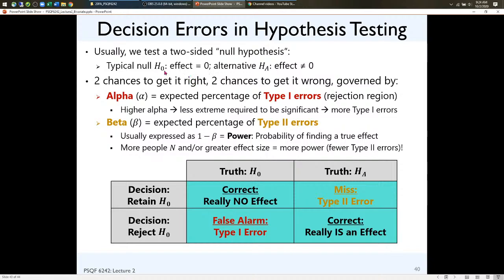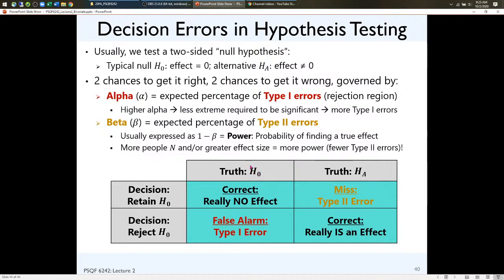So based on what we decide about the null, we have two different kinds of errors that we could make, and they correspond in general to false positives and false negatives. If we reject the null, if we say that there is an effect, then we have to be worried potentially about making a false positive, a false alarm.